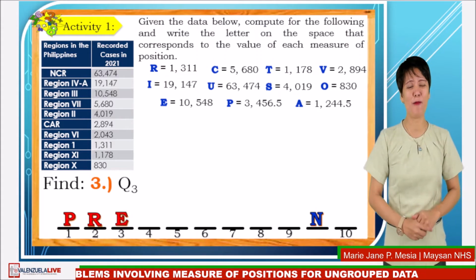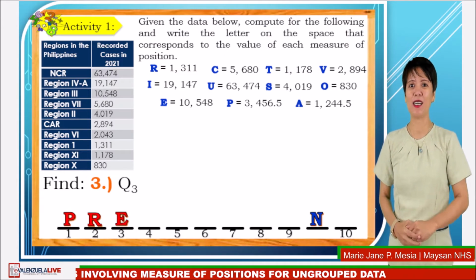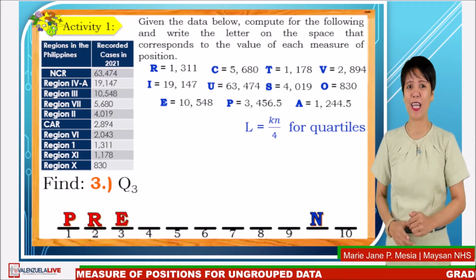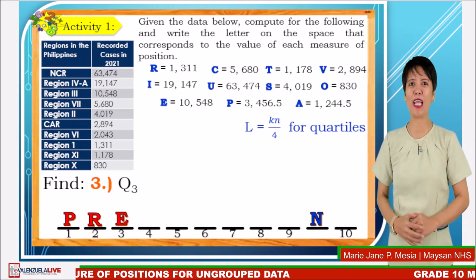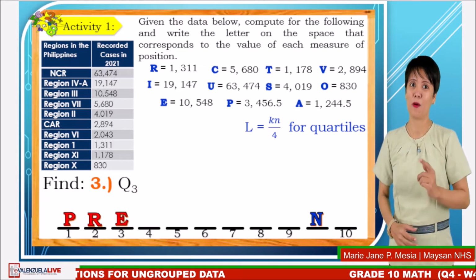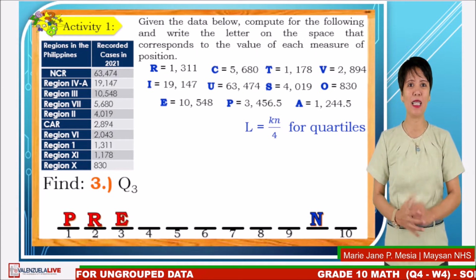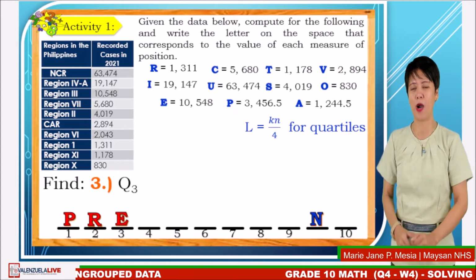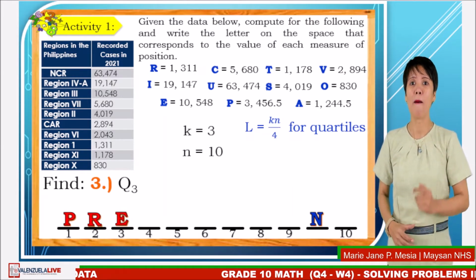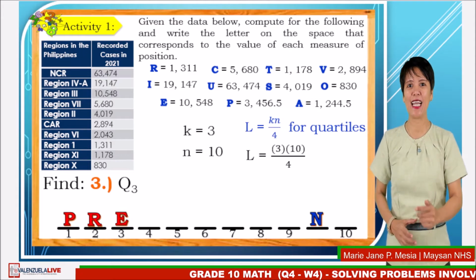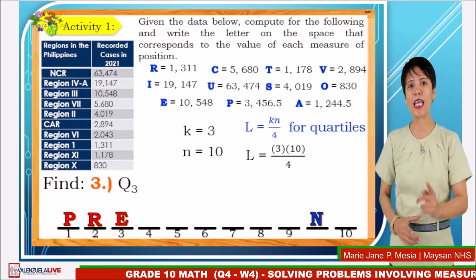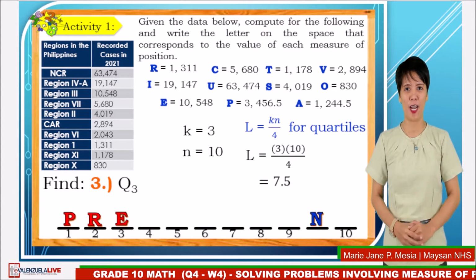To find the upper quartile or Q sub 3, use the locator formula L is equal to Kn divided by 4. The denominator to be used in the locator formula is 4 since quartiles divide the whole distribution into 4 equal parts, where K is equal to 3, N is equal to 10. By substitution, L is equal to 3 times 10 divided by 4 is equal to 7.5.